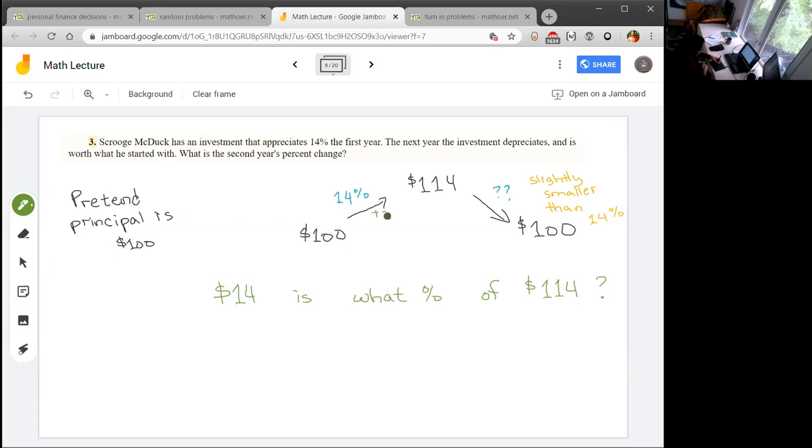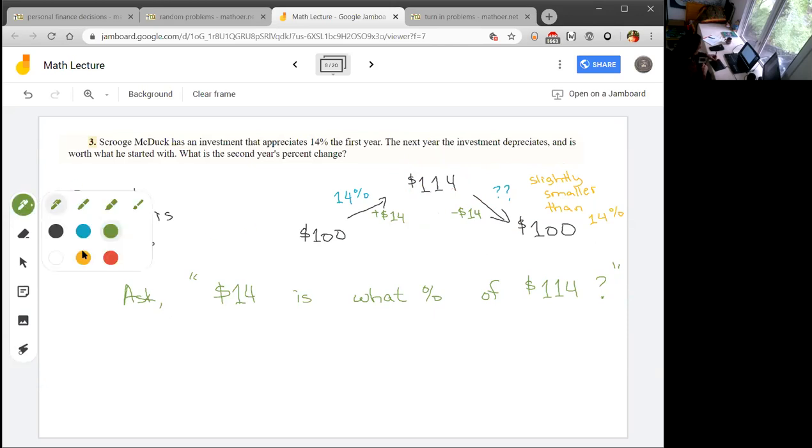I want a positive 14 here, and I want a negative 14 here. So we need to ask ourselves, this 14 going down is what percentage of the 114 we're starting with? Because for part 2, we're starting here and then moving down from it. So we know how to do these.